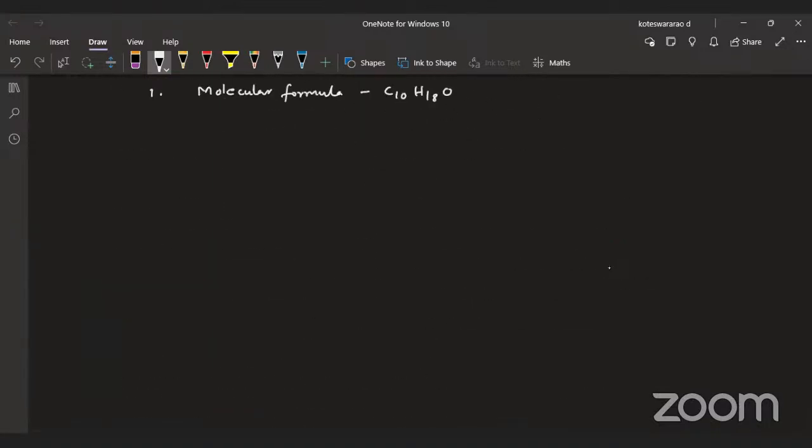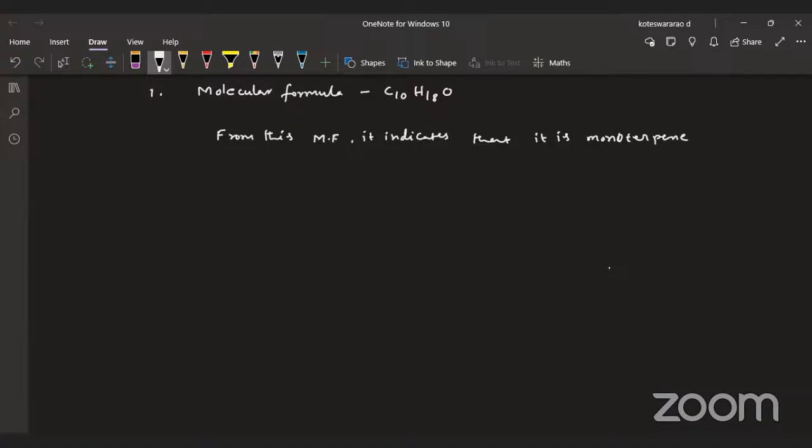Right. From this molecular formula, it indicates that it is a monoterpene.